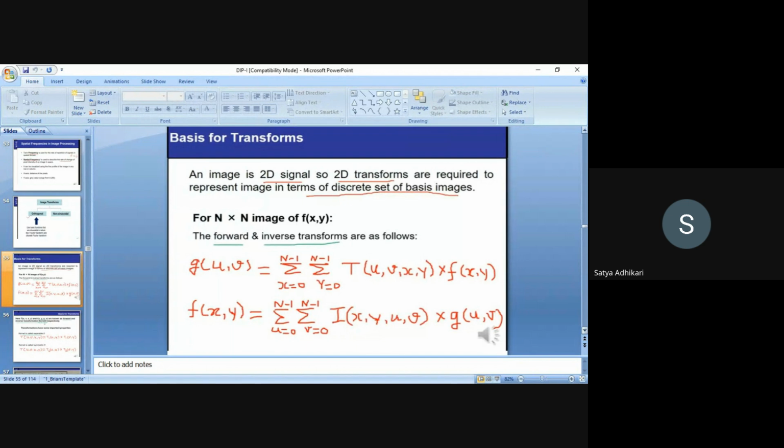Why do we need it? Suppose the original form is not suitable for image processing or for getting more information. So we need to transform it to another form, and this transformation can be done using a mathematical function known as the transformation function.